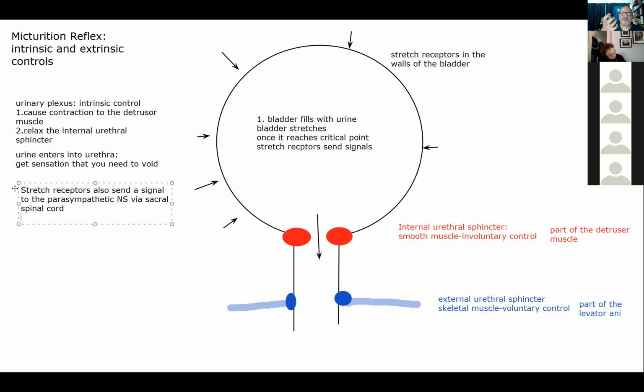And this parasympathetic reflex triggers the contraction of the external urethral sphincter. So you get the sensation that you need to void, but voiding does not occur.